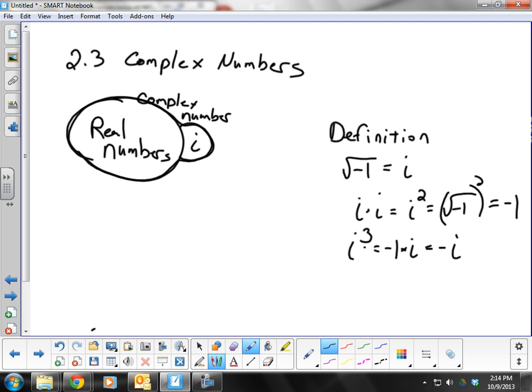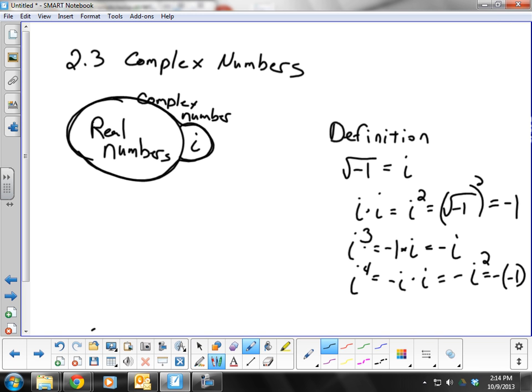So i to the 4th then is that -i times another i. Right? That's what I do when I multiply by another i. I just give it another one. So that gives me -i squared, because i times i is i squared, isn't it? Now what I just got through telling you we're going to do for every i squared you see for the rest of your life? Make it -1.